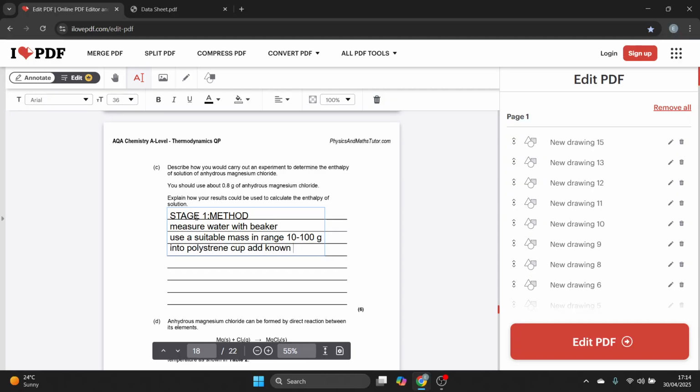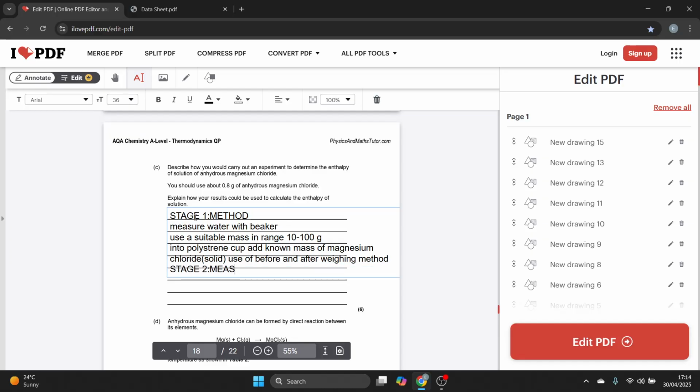Add a known mass of magnesium chloride solid. And then the use of the before and after weighing method.